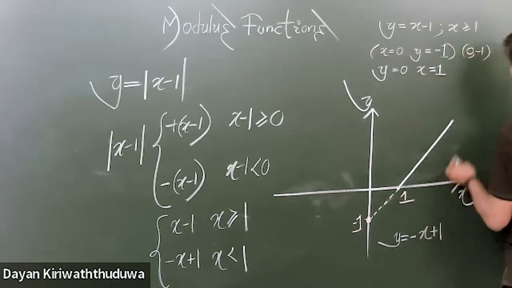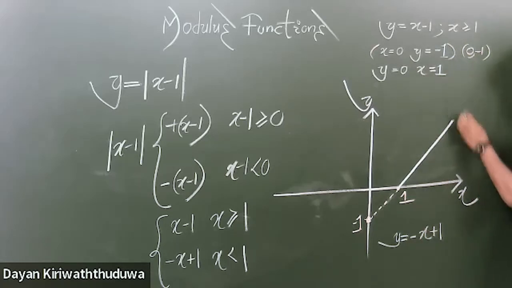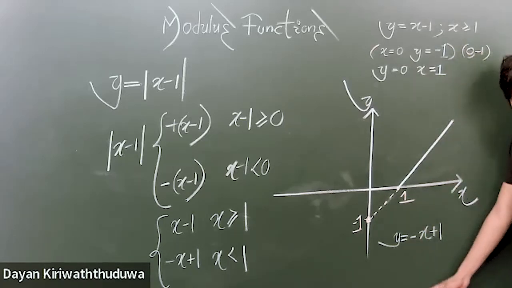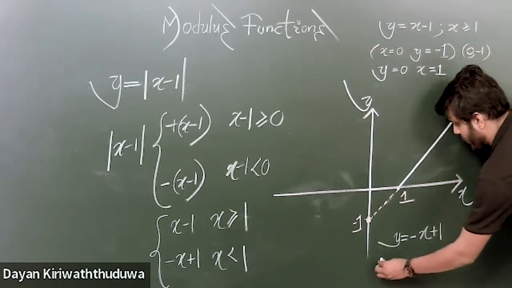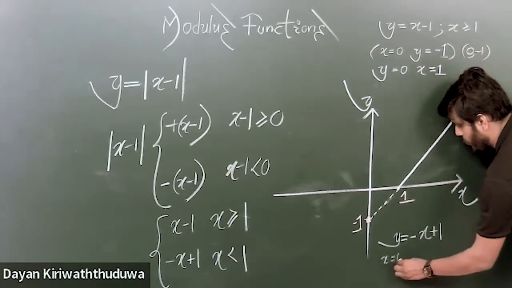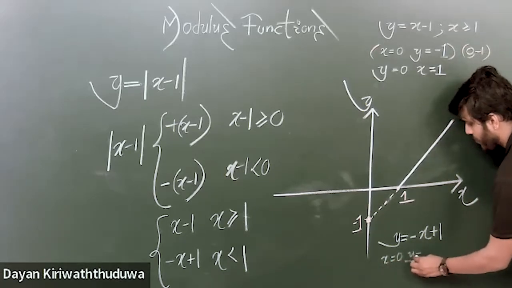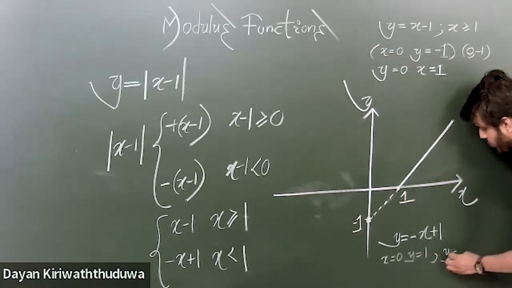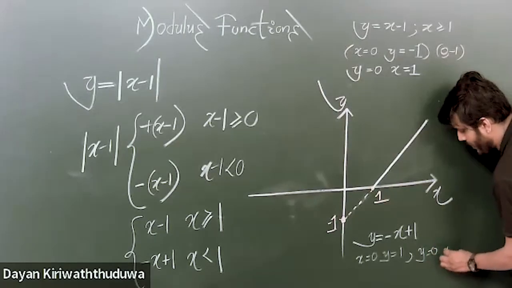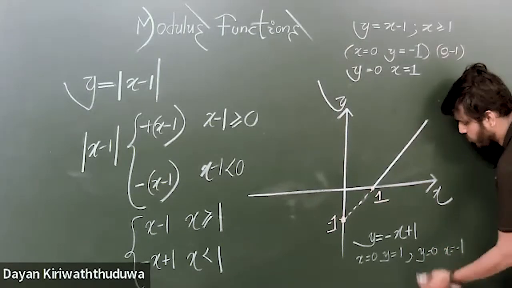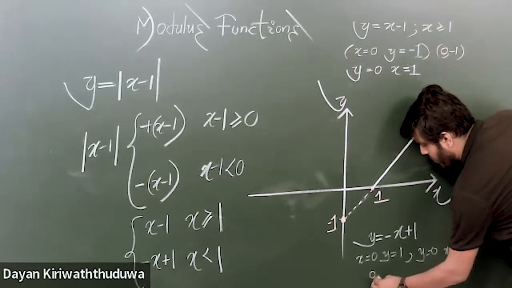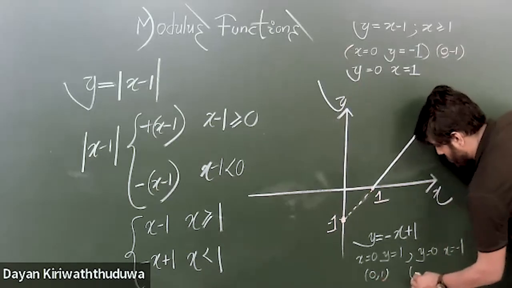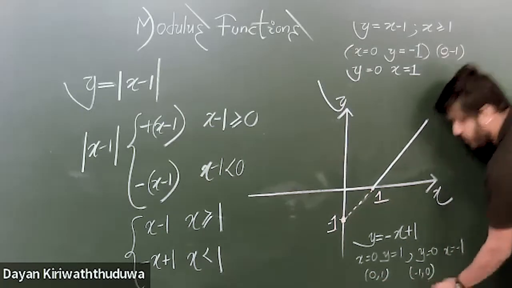We can write when x equals 0, y equals plus 1. And when y equals 0, x is minus 1. So the coordinates we have are 0, 1 and minus 1, 0.